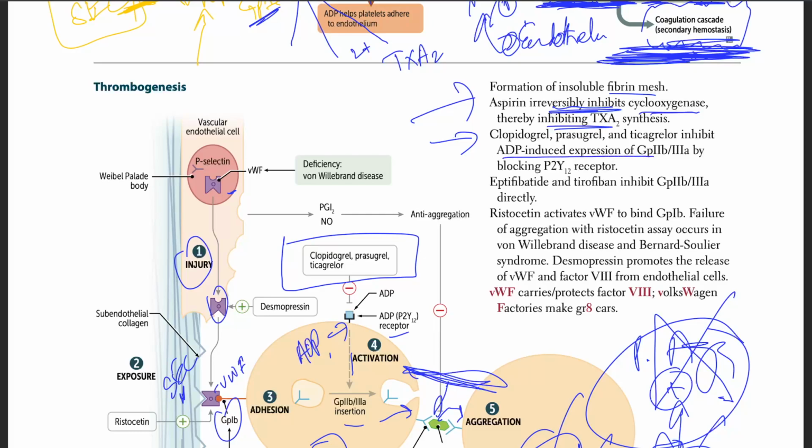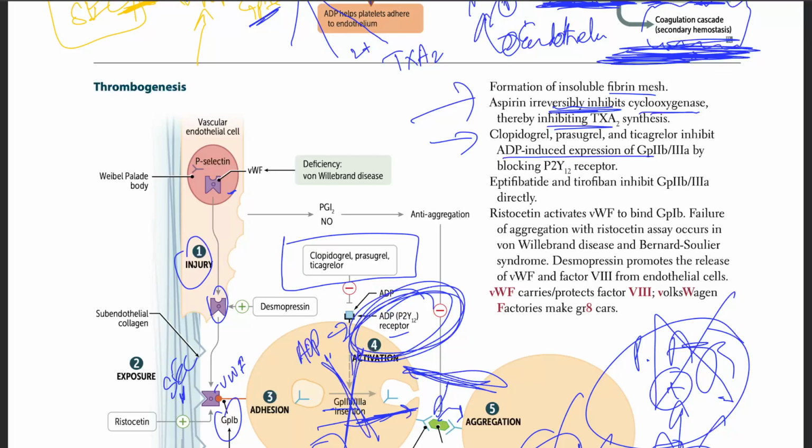They are basically blocking the P2Y12 receptor, and by blocking this, you're not letting the GP2B3As go on the surface.